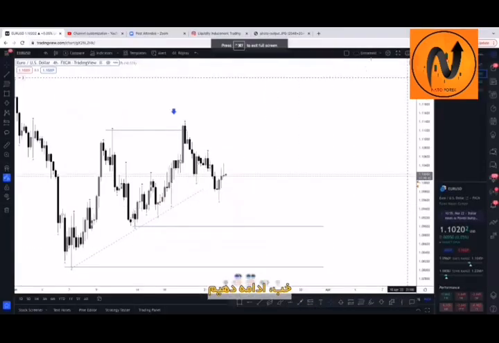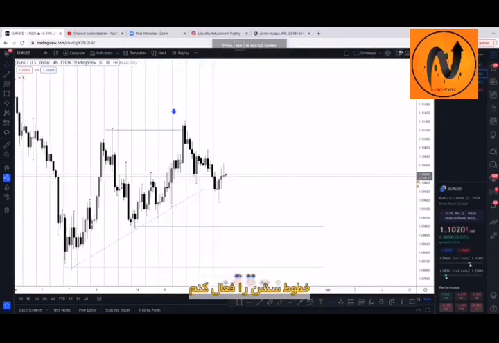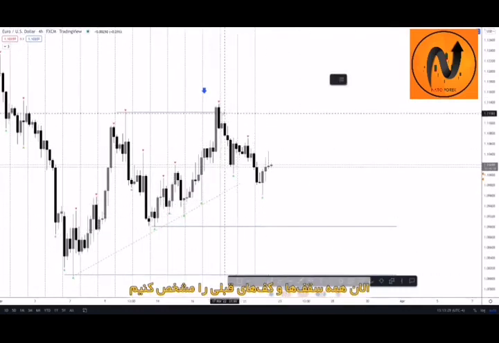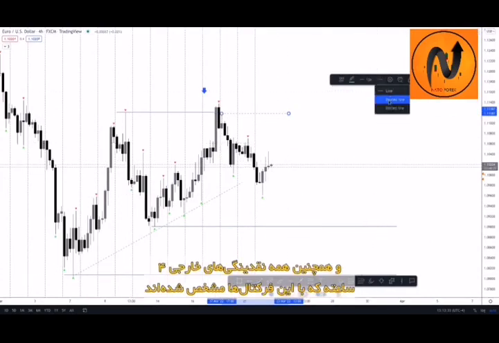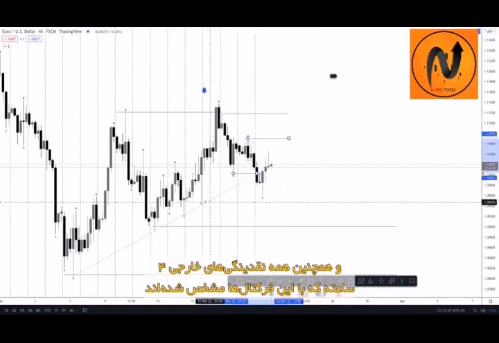Also, let me turn on session breaks so we can understand what's going on from a day-by-day perspective. Now let's mark in all of our previous day highs and lows, as well as all of our 4-hour external liquidity, which is shown by the fractals here.